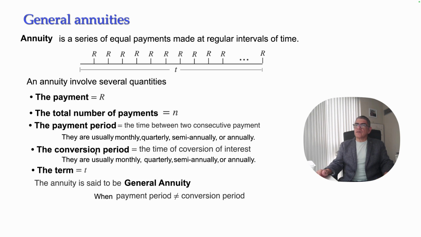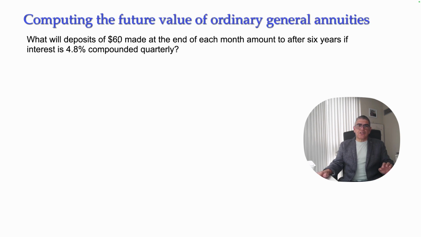So let's see. What will deposits of $60 made at the end of each month amount to after 6 years if interest is 4.8% compounded quarterly? You see here that there are payments of $60 made at a regular interval of time, every month. And we also see that there is another interval here, the conversion interval.